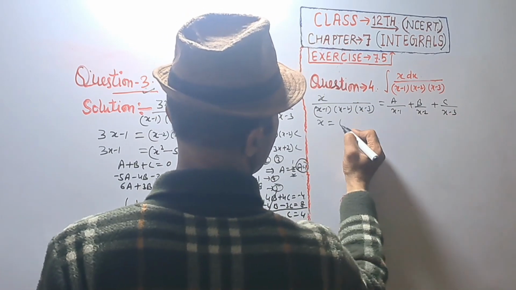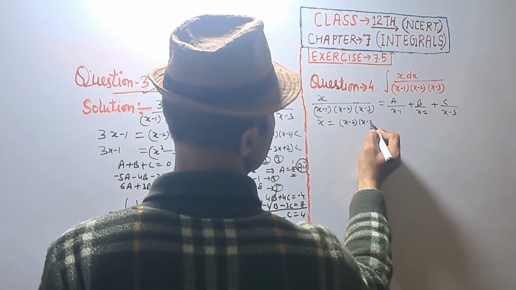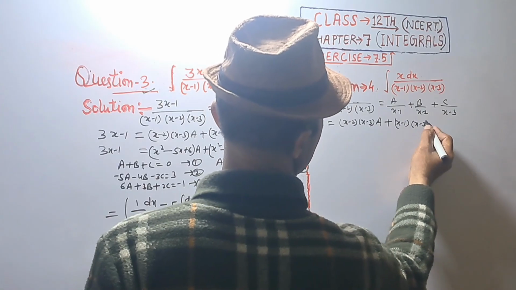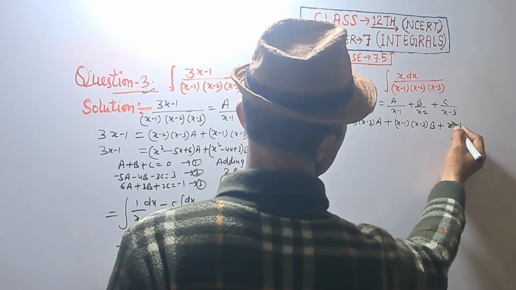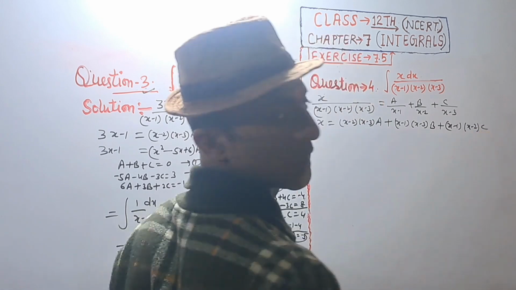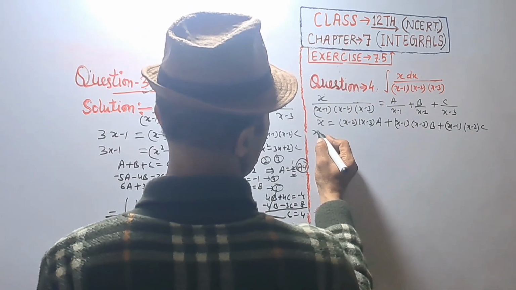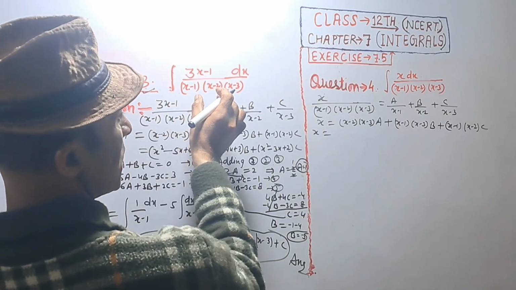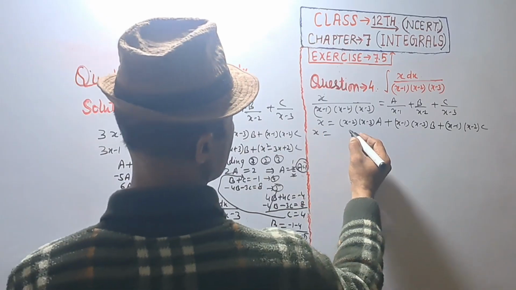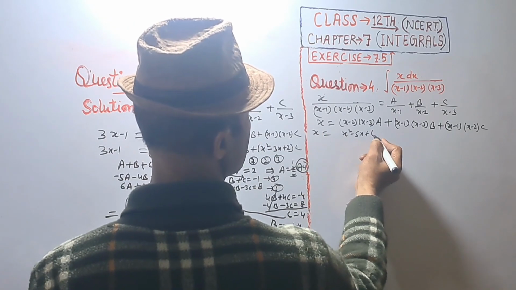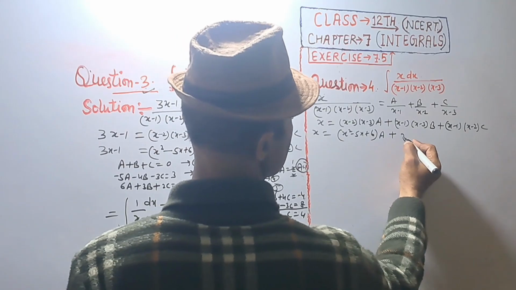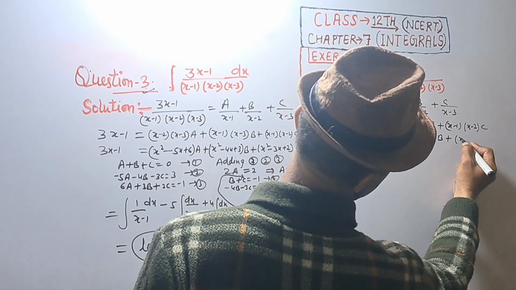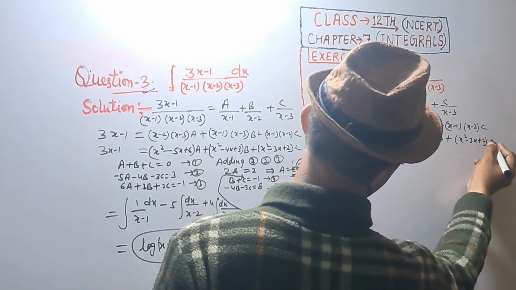X is equal to (x minus 2)(x minus 3) times A plus (x minus 1)(x minus 3) times B plus (x minus 1)(x minus 2) times C. The denominator is the same as question number 3, so this will be (x square minus 5x plus 6) times A plus (x square minus 4x plus 3) times B plus (x square minus 3x plus 2) times C.